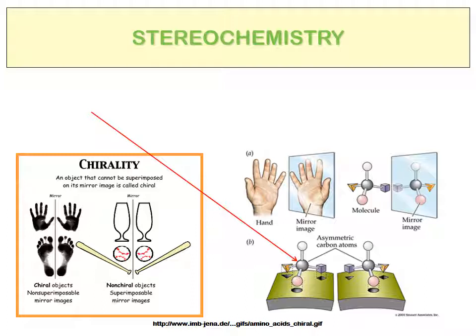But if I try to what we call superimpose them, where I match up the hydrogens and I match up the bromines, they don't match. Those are what we call stereoisomers, where they mirror each other, but they're not the same.